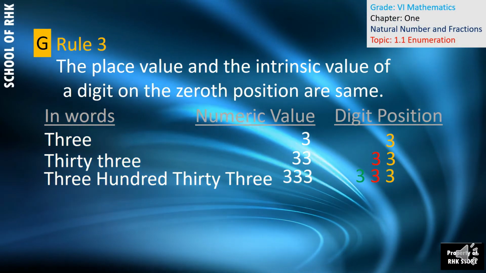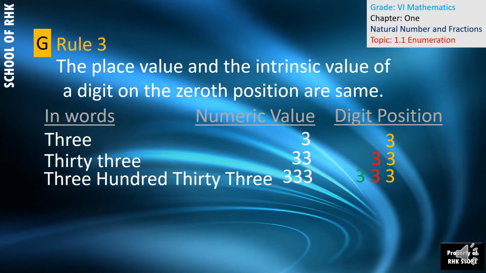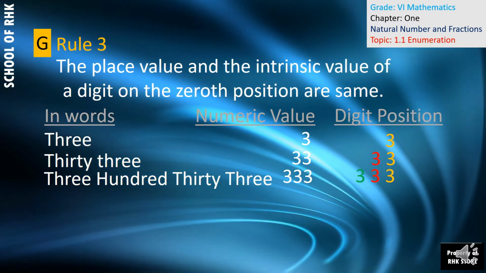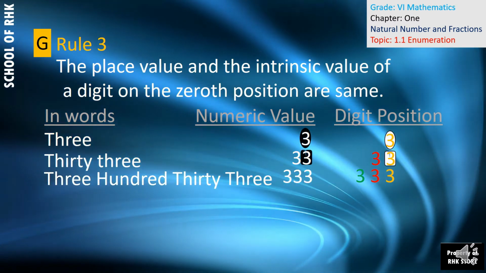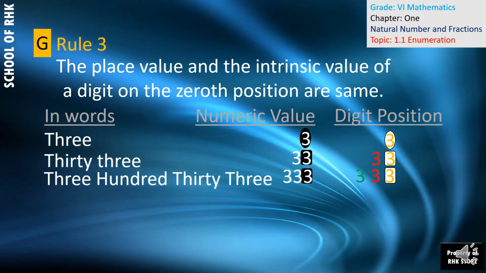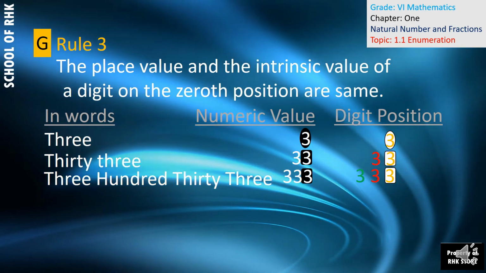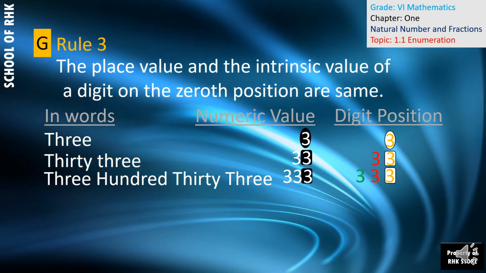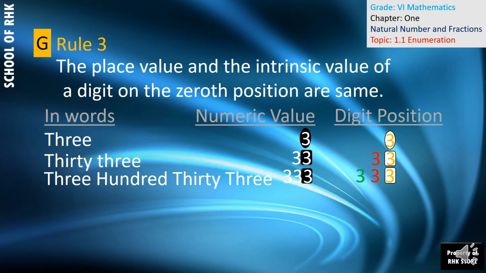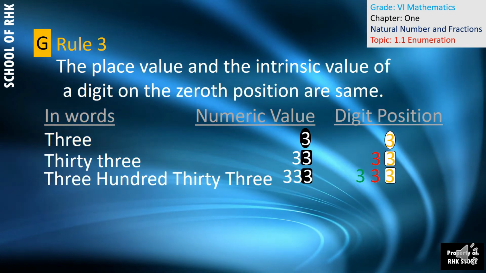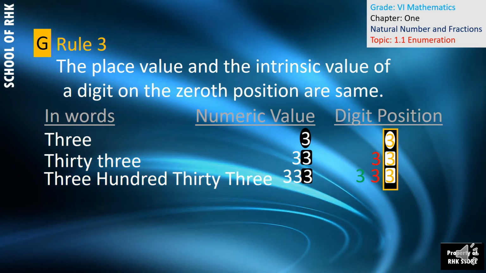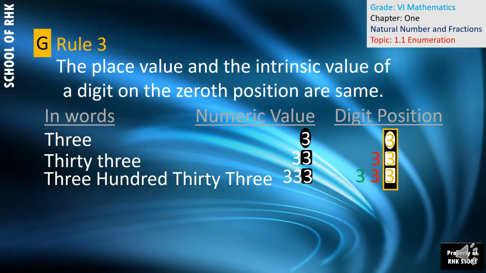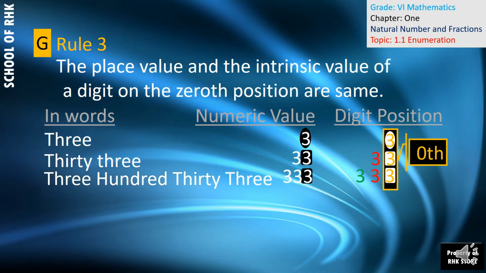To understand very clearly, the zeroth or extreme right digit of each number, that is 3, 33 and 333, are enclosed in golden color, and for further clarity, the position of all these digits is enclosed with the golden box to indicate that they are at zeroth or extreme right position.